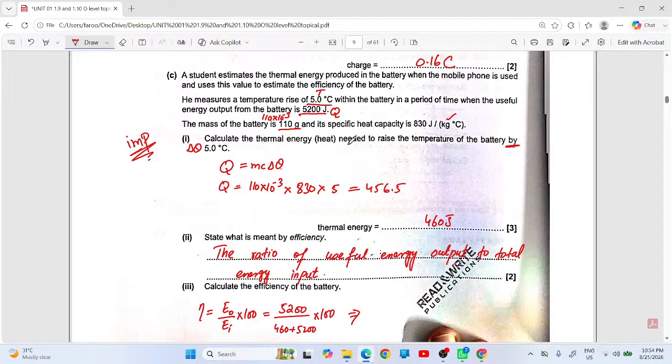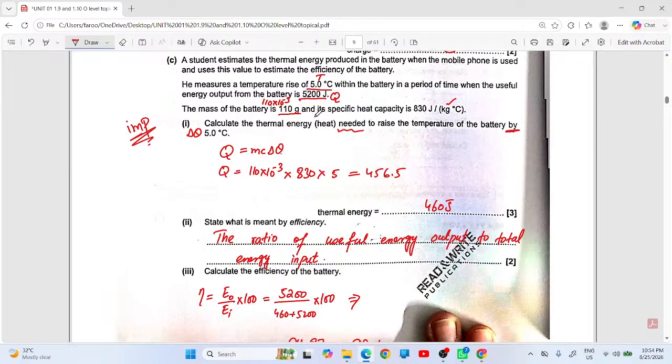Calculate the thermal energy required to raise the temperature. और ये एनर्जी जो है वो आप बैटरी से ले रहे हैं. He measures the temperature rise of 5 degree within the battery in a period when useful output energy, so already they have 5200 joules of energy and extra energy to raise the temperature is 460.